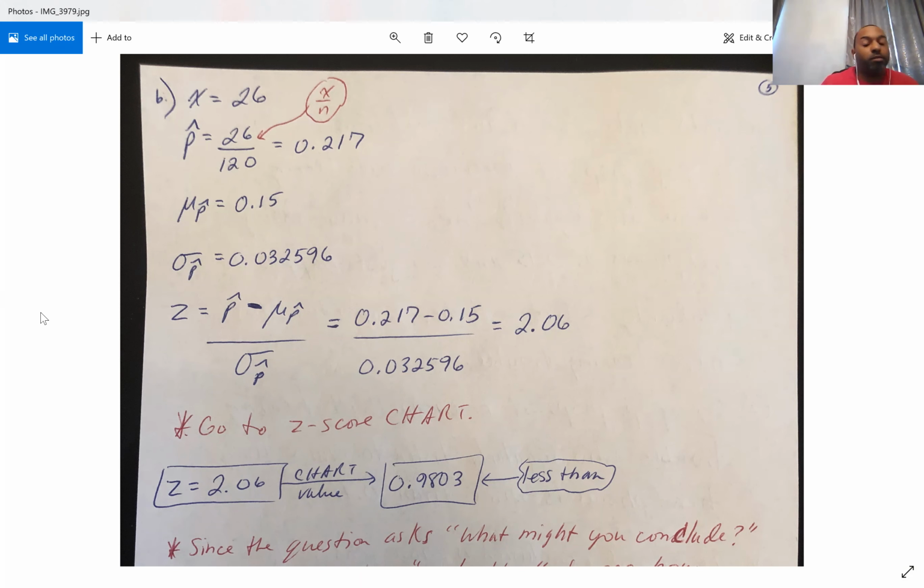And then from the previous calculation, we're still in the same problem. So what we did in A still holds true. Our mean of our sampling proportion is 0.15, and the standard deviation of our sampling proportion is 0.03256.